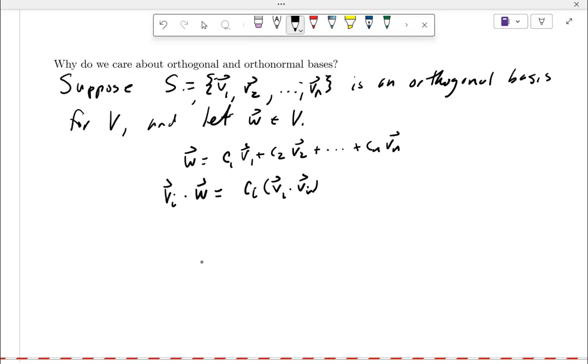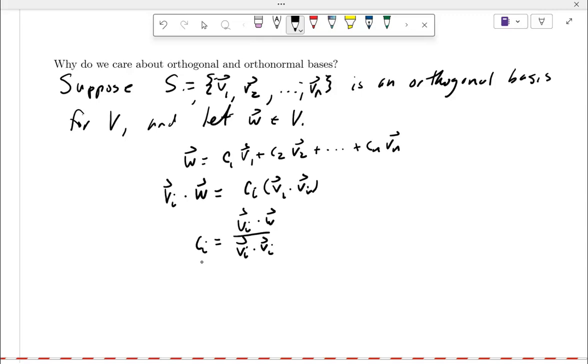So what's your Ci? It's just Vi dot W over Vi dot Vi. So notice that your coordinates you can find in terms of the dot product. In particular, this would be the coefficient on the projection onto the Vi, wouldn't it?